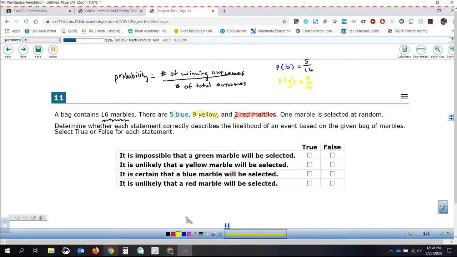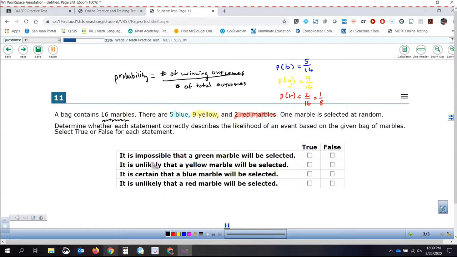And finally, we have red. The probability of choosing a red marble is only 2 out of 16 or 1 out of 8. So if we're looking at these, we have the greatest chance of choosing a yellow, followed by a blue, and the least chance is for choosing a red.